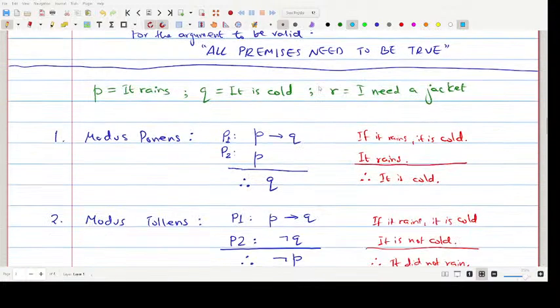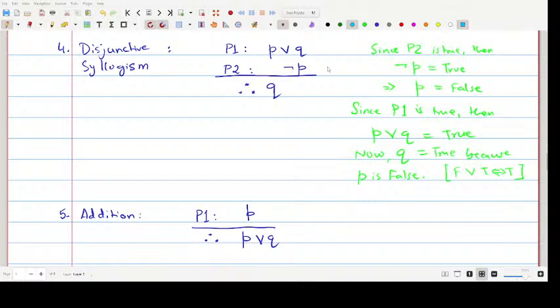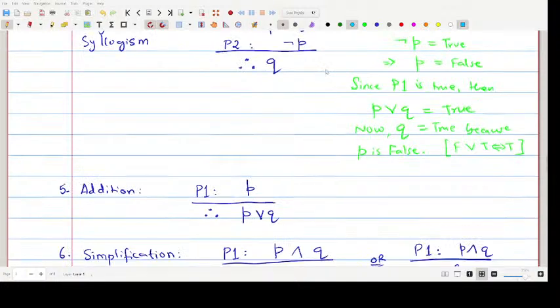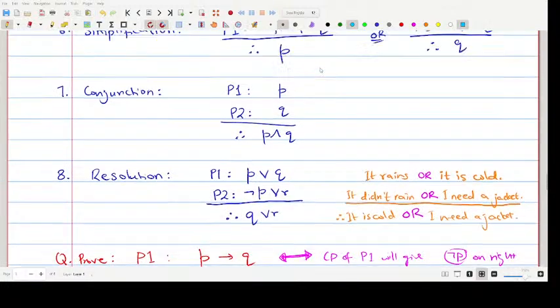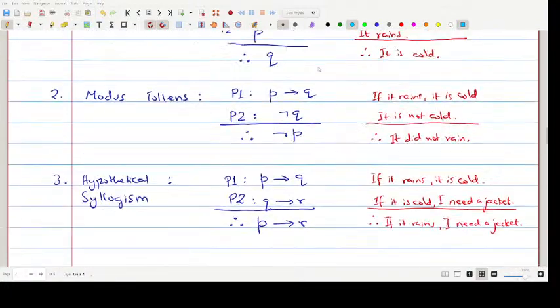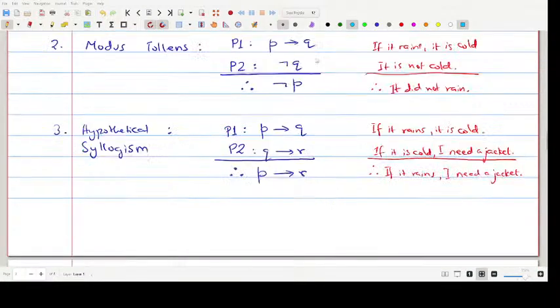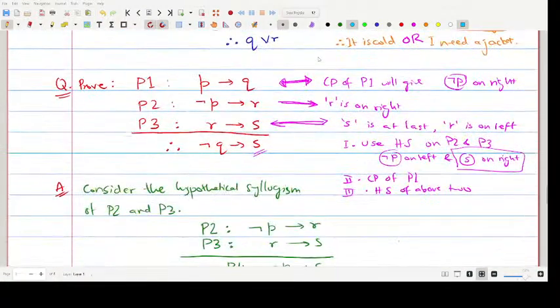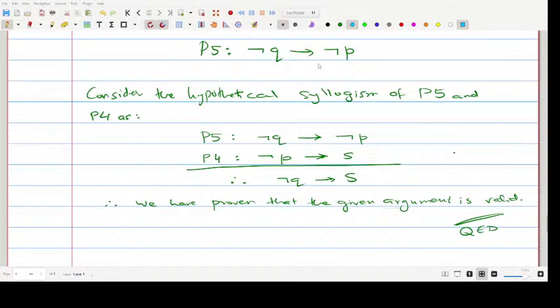Then we took an example, sometimes given a proof, sometimes not, and we identified the 8 rules of inference. And finally, we solved a problem at the end, and I think that's about it. Thank you.